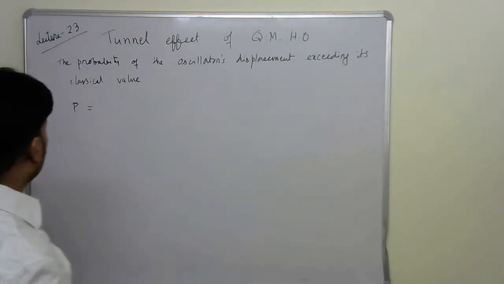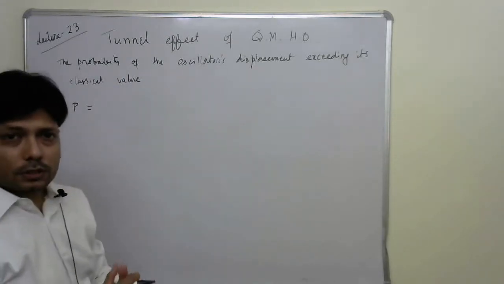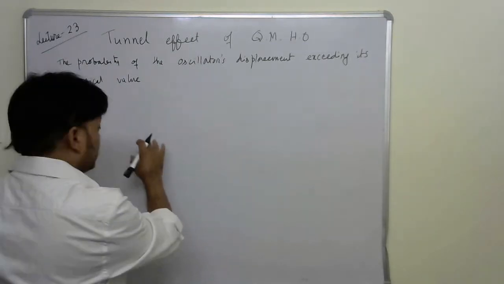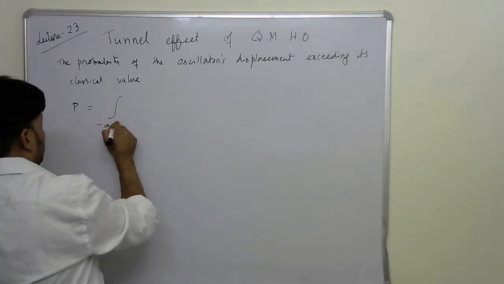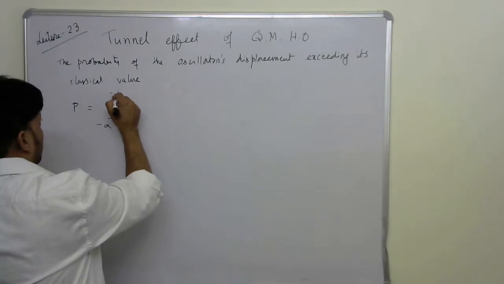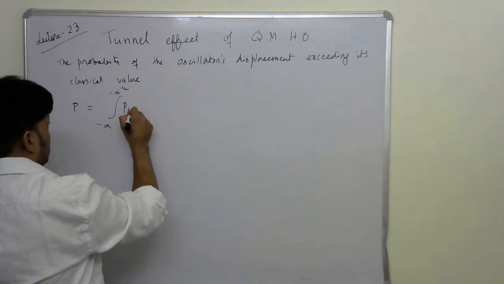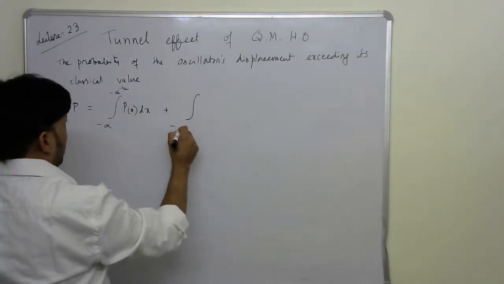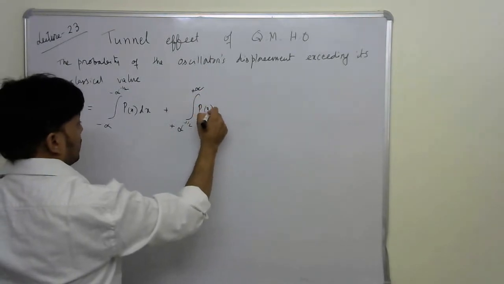So if we try to find out the probability of the quantum mechanical oscillator's displacement exceeding its classical value, then we can define this probability P as equal to the integral from minus infinity to minus alpha to the power minus half of the probability density function P(x) dx, plus the integral from plus alpha to the power minus half to plus infinity of P(x) dx.